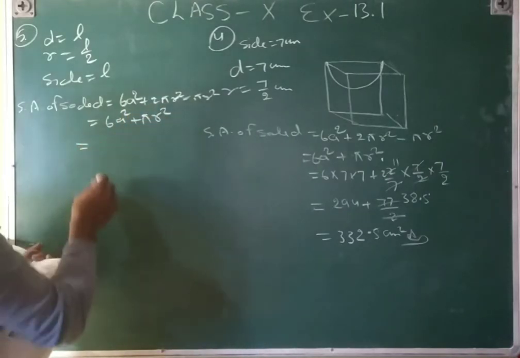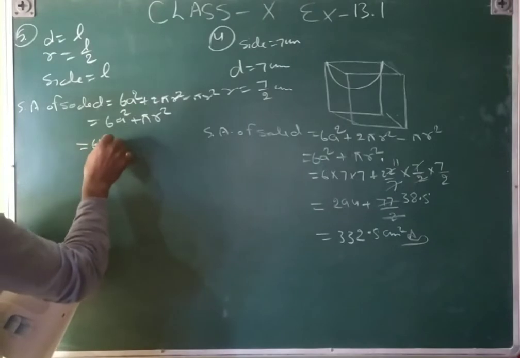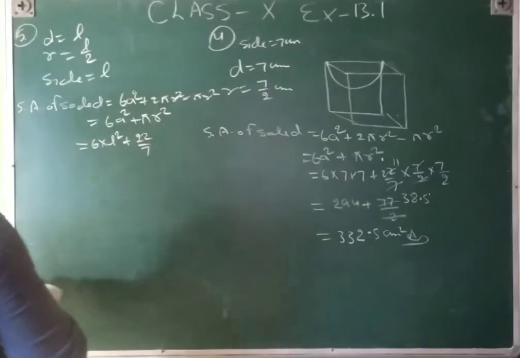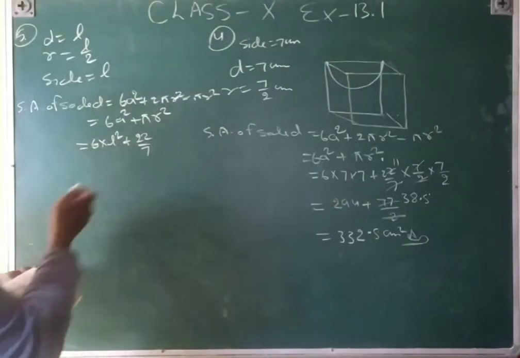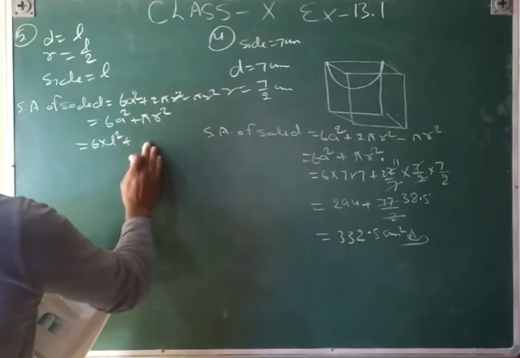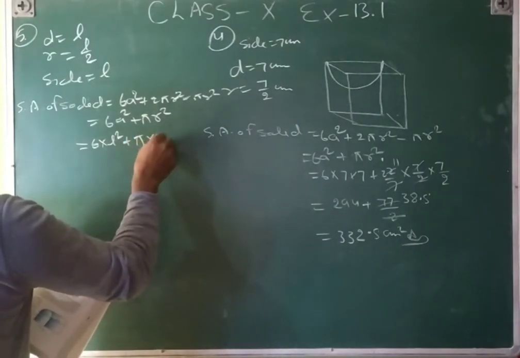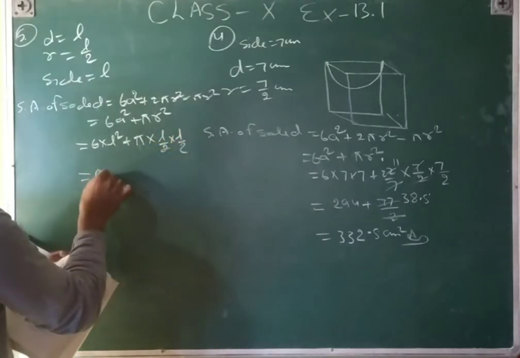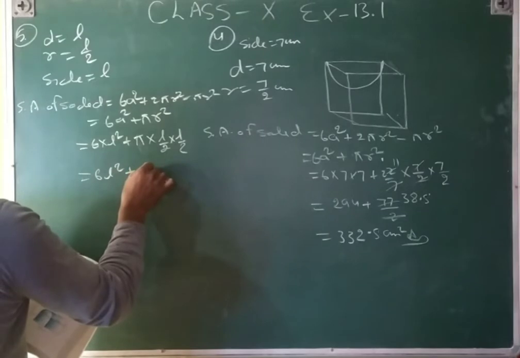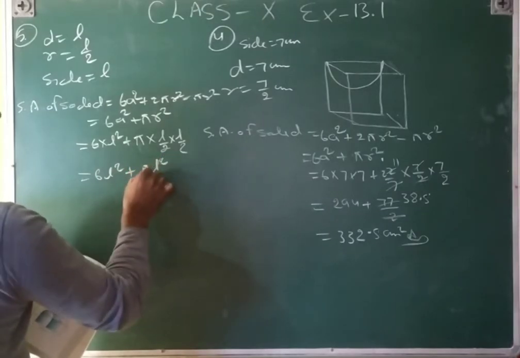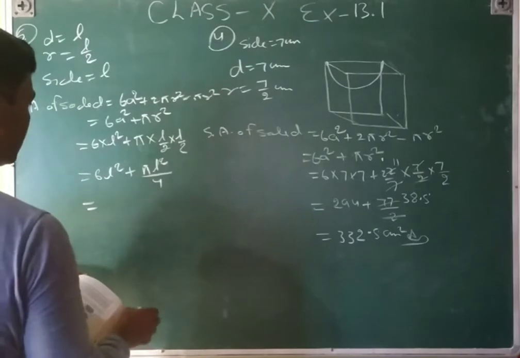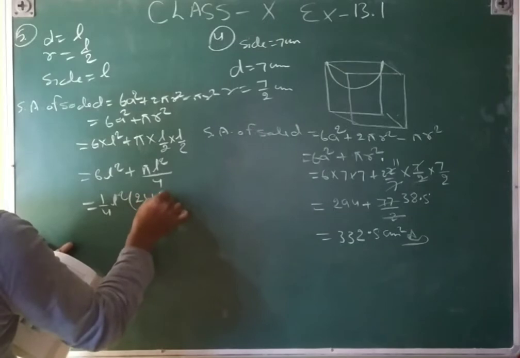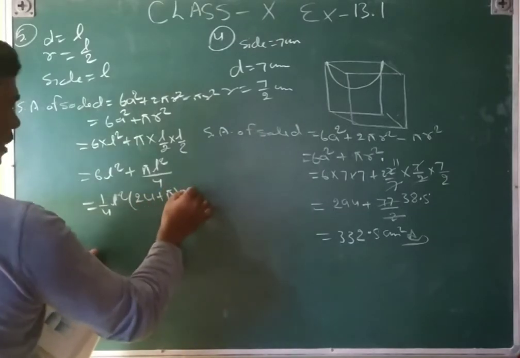So 6 into L square plus pi into L upon 2 into L upon 2. So 6 L square plus pi L square upon 4. So we can take the common 1 upon 4 L square, so that will be (24 plus pi) square unit.